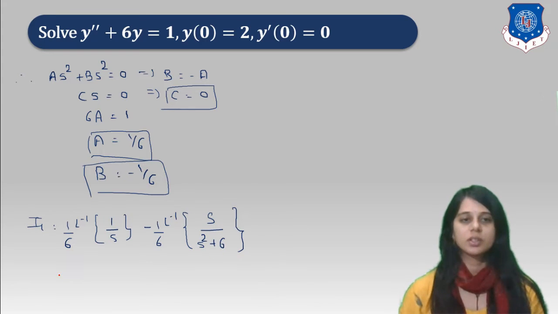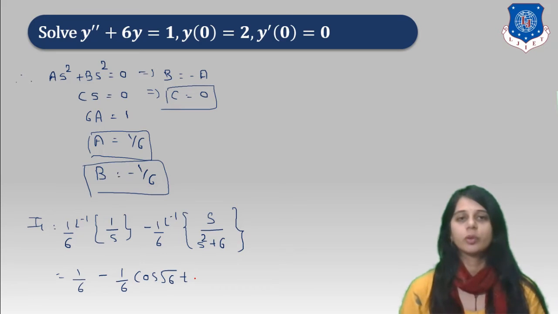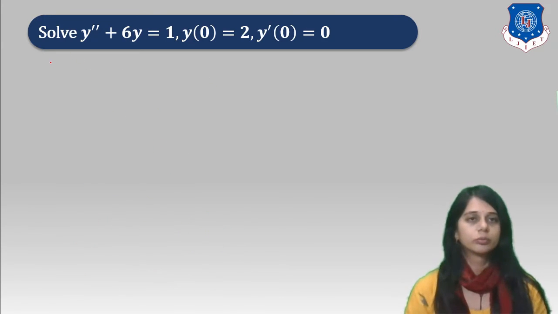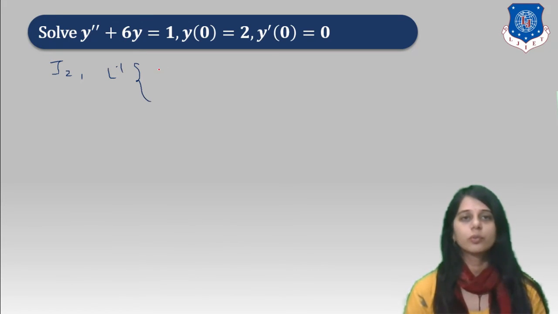So the answer is 1 by 6 minus 1 by 6 cos root 6t. Okay. For I2, Laplace inverse of 2s upon s square plus 6. Directly we say that it is 2 cos root 6t.